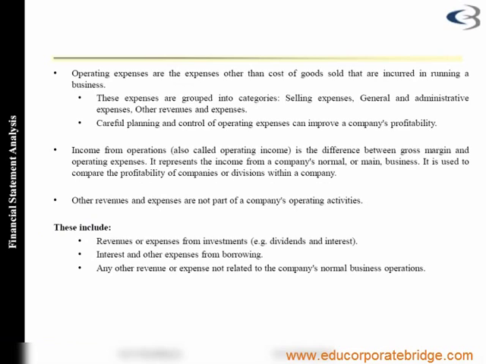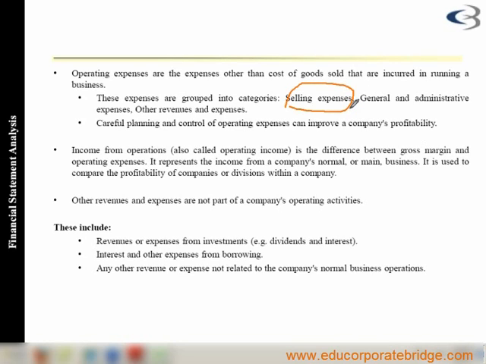Operating expenses are the expenses other than the cost of goods sold. So apart from the manufacturing cost of goods sold, there can be a couple more expenses, like selling expenses. If I'm manufacturing a good, there would be some expenses related to the sales of this good. Then general and administrative expenses, that is, my office expenses. If I'm having an office, the expenses in regard to that office include salary of the staff, salary of the watchman, salary of the driver.